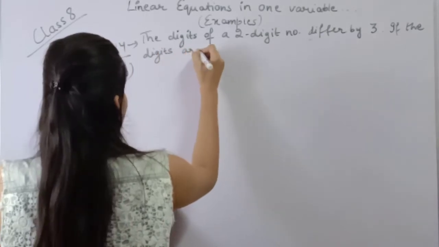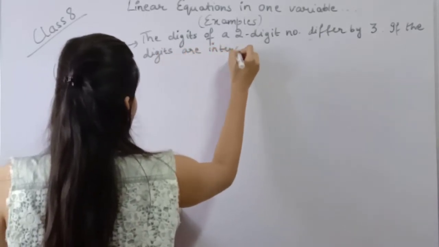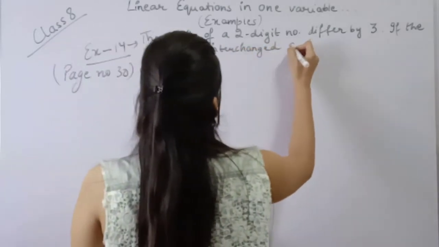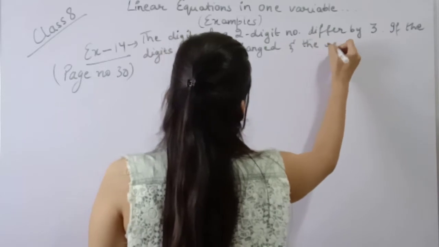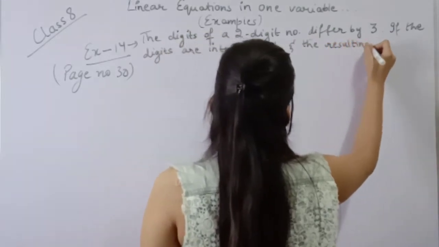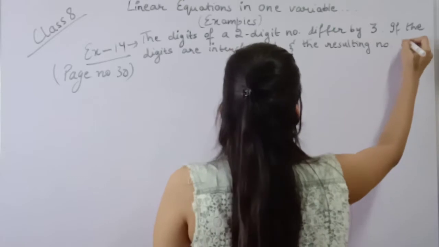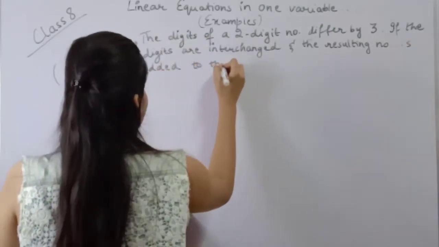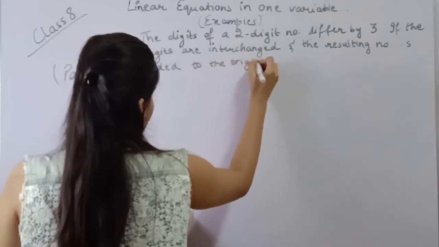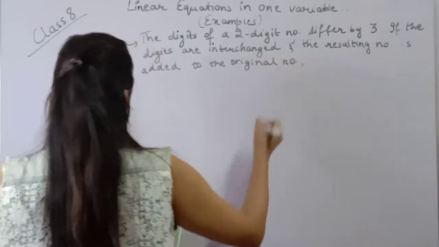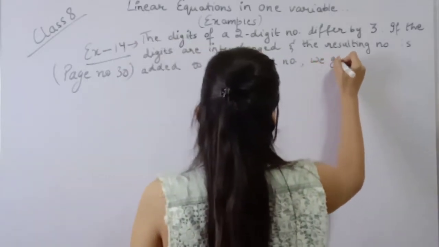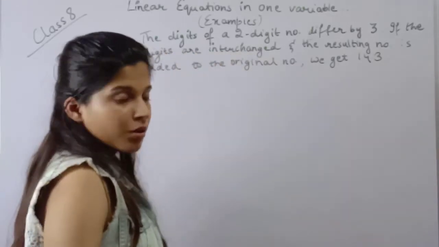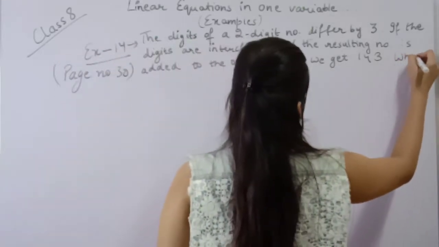If the digits are interchanged, and the resulting number is added to the original number, we get 143. What can be the original number?